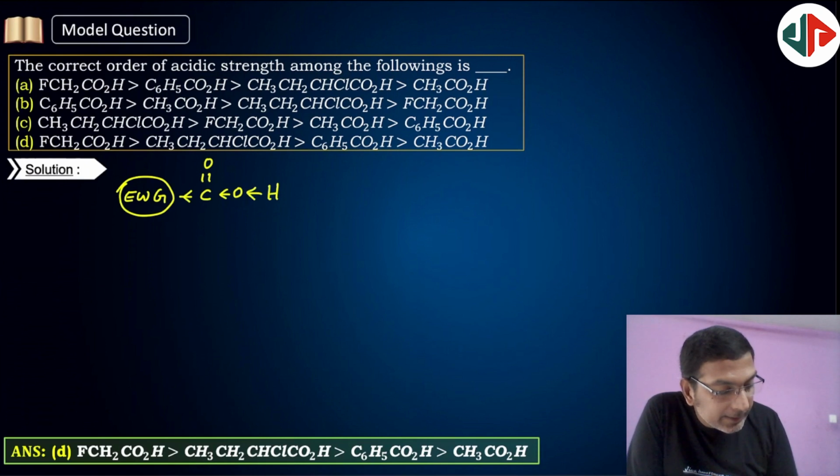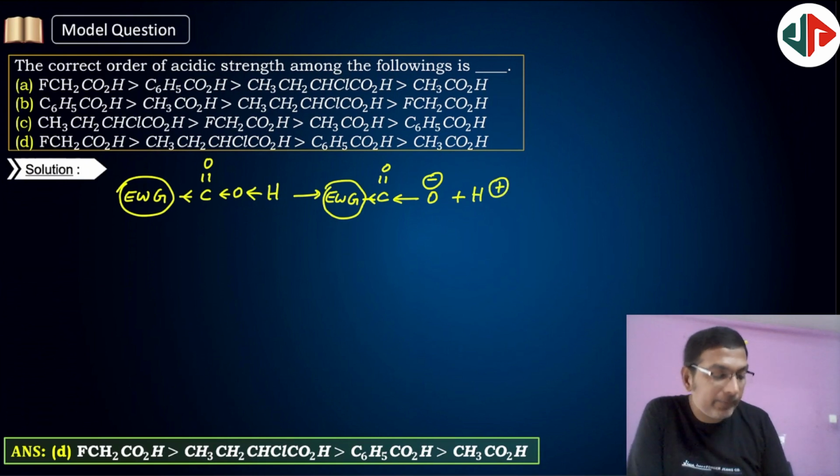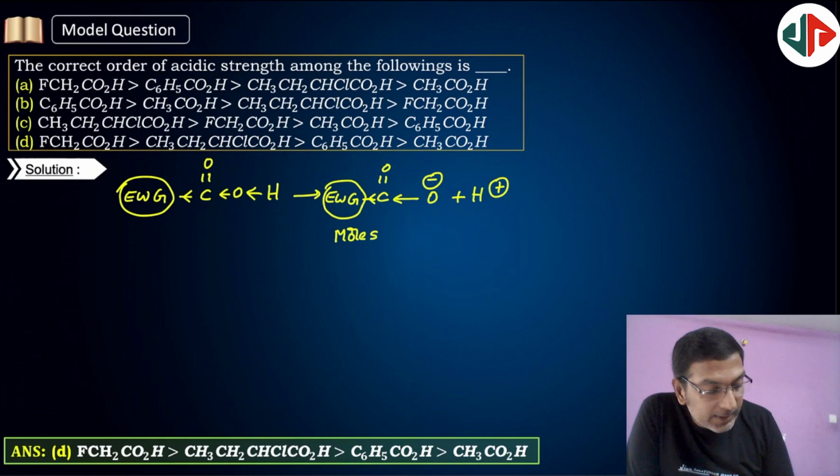Migration of electrons like this. Then hydrogen will be released, O minus plus H plus. So more stable conjugate base.